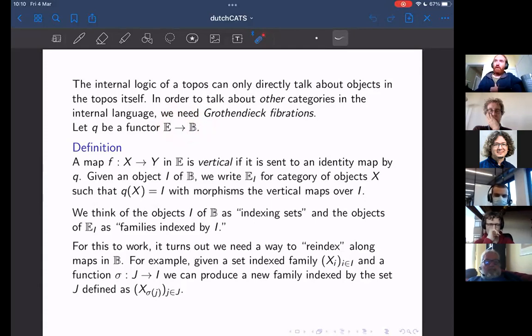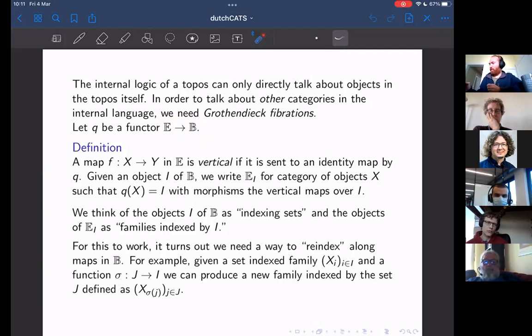So this is kind of a foundation, a kind of topos where you want to do internal language stuff and interpret mathematics into a topos B. And we think of E as a way to talk about families of objects indexed by B.